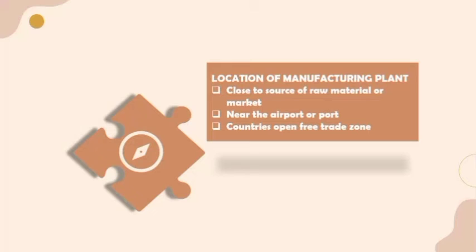Therefore, it is more convenient to make sure that the manufacturing plant is near the airport or seaport. Nowadays, there are some countries that consciously developing free trade zones. This strategy helps to improve the logistics system and provide better service to the overseas customer.